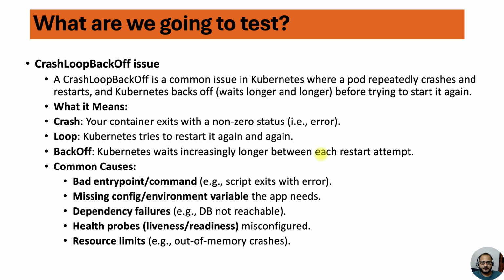Another reason could be that your health probes, like liveness and readiness probes, are misconfigured. And last is resource limits. Maybe your pod is running out of resources, out of memory or out of CPU. Due to all those reasons, we generally see the CrashLoopBackOff issue in Kubernetes.